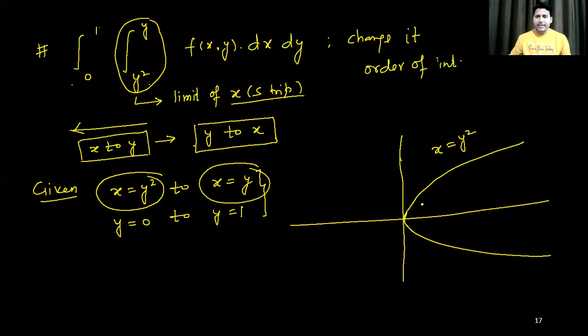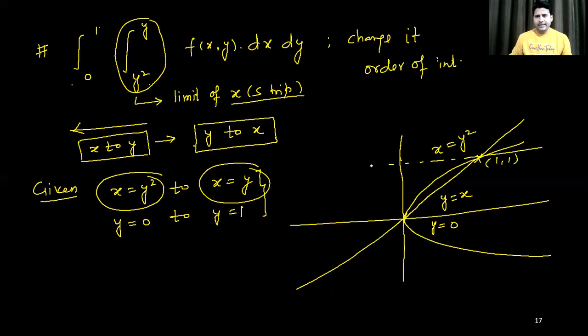This is a very famous line which passes through the origin and makes an angle of 45 degrees with the x-axis. Y equals 0 lies on the x-axis. Y equals 1, so this point is 1 comma 1. So y equals 1 will look like this. This is the line y equals 1, and this coordinate will be 0 comma 1.